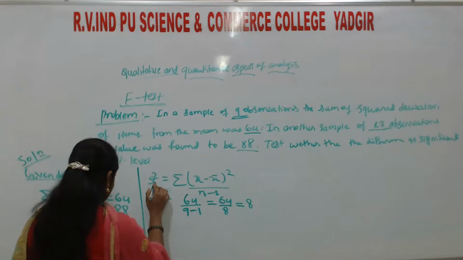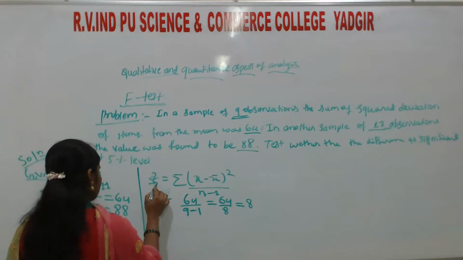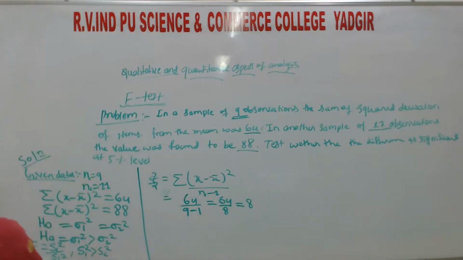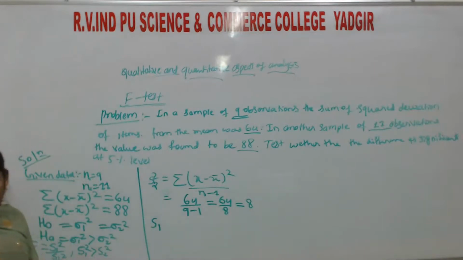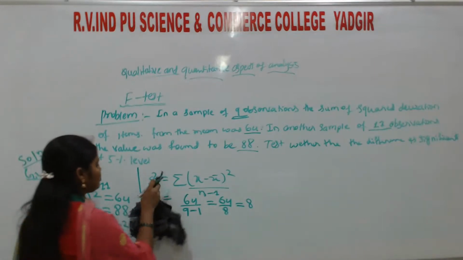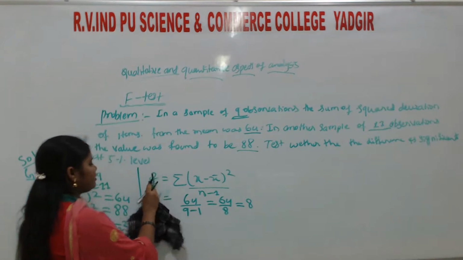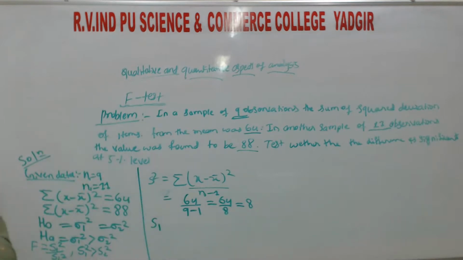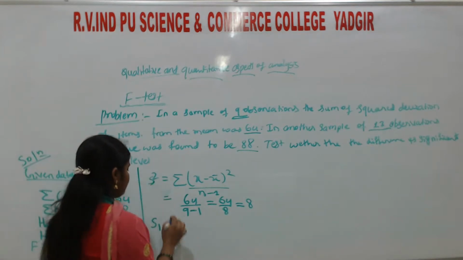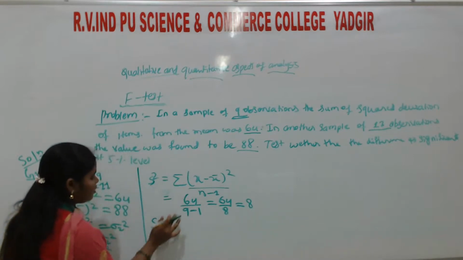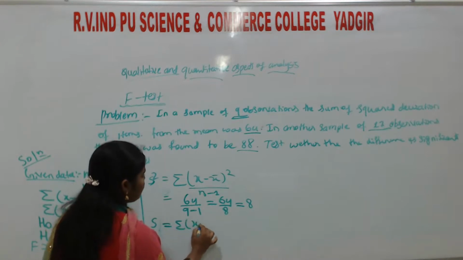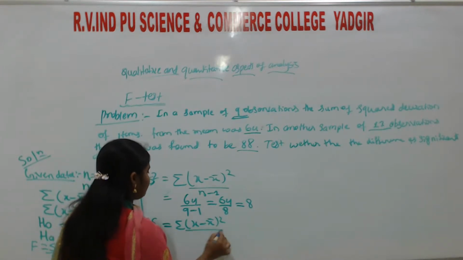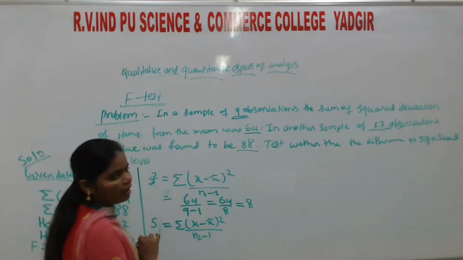Next, this is s2 square. Afterwards you decide the s value, whether it is greater or lesser. Okay. s is equal to the summation of x minus x bar whole square divided by n2 minus 1.